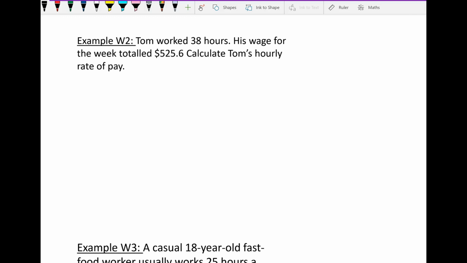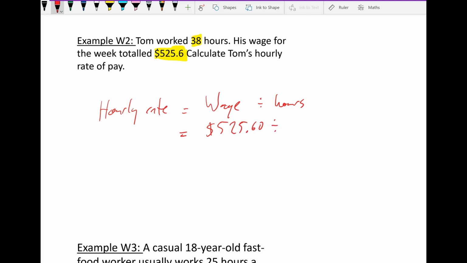Tom worked 38 hours. His wage for the week totaled $525.60. Calculate Tom's hourly rate of pay. Okay, so we know how much he earned for the week. We know how many hours he worked, so we're just going to divide. Okay, so hourly rate is going to be his wage divided by hours, which is going to be $525.60 divided by 38, which is $13.83.